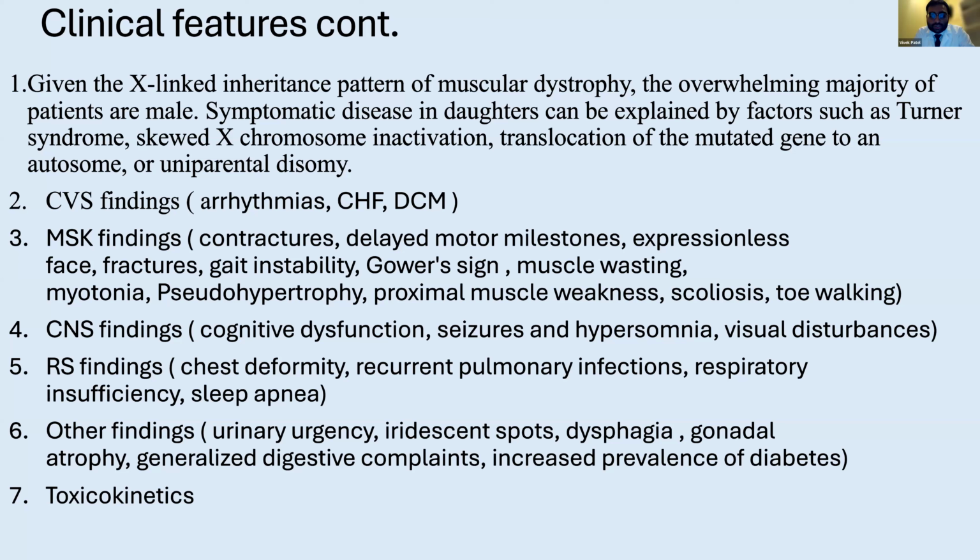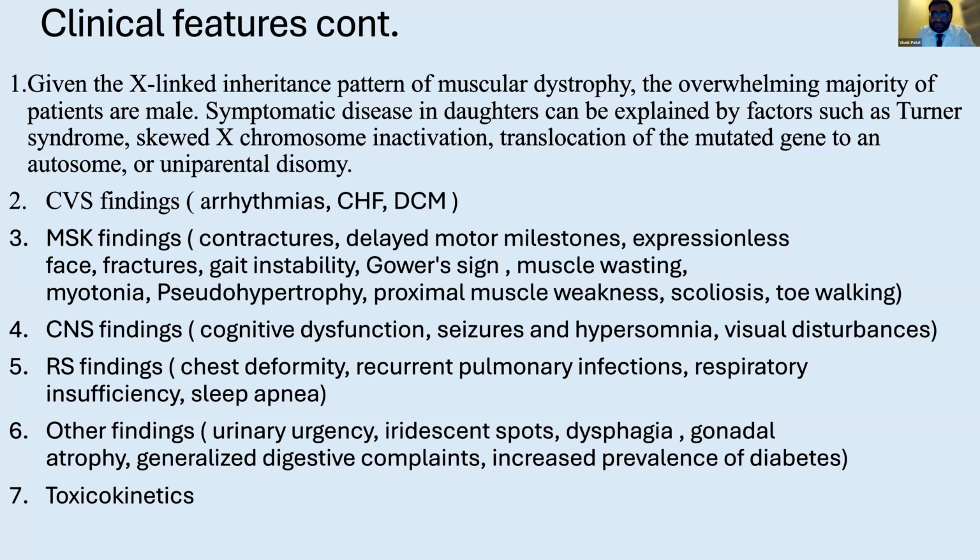So it gives rise to muscle weakness, eventually leading to muscle contractures, muscle instability, and eventually muscle inactivity, which leads to osteoporosis and gives rise to fractures. Other common findings are Gower sign, pseudohypertrophy, scoliosis, and toe walking.